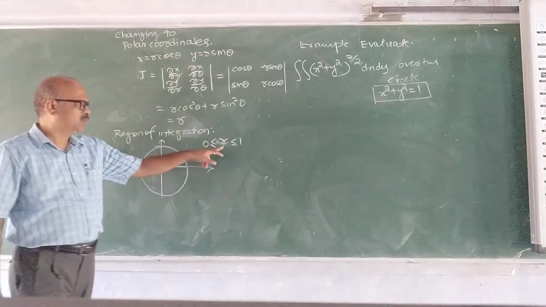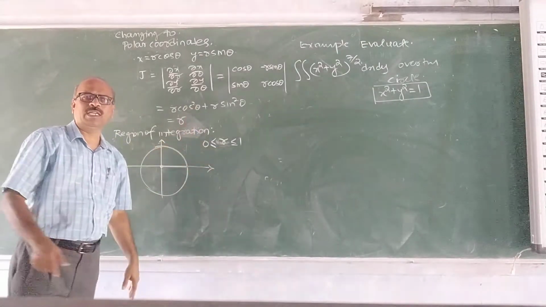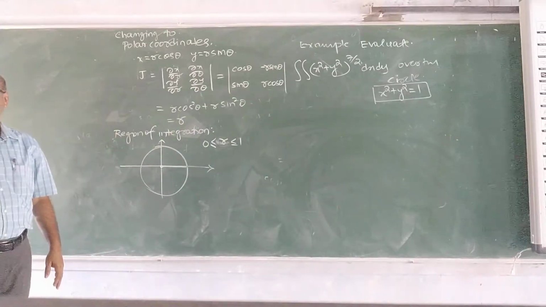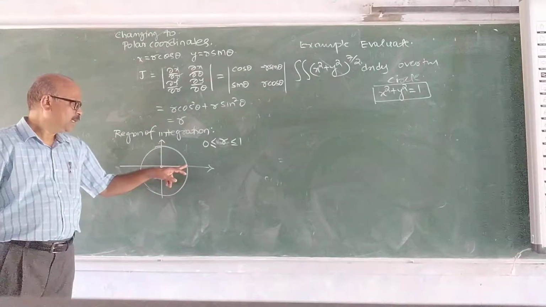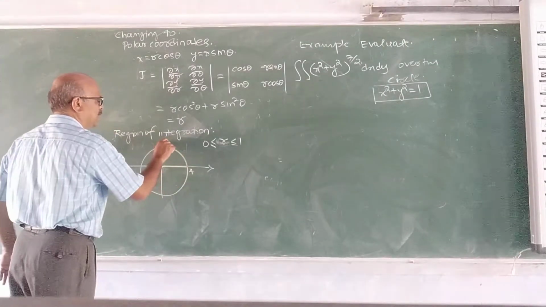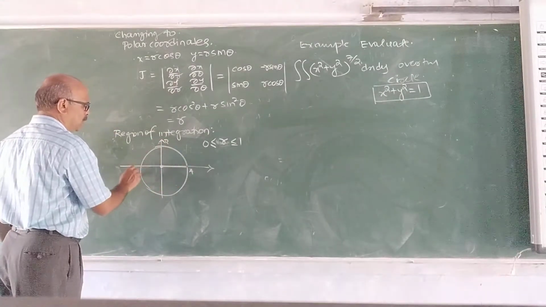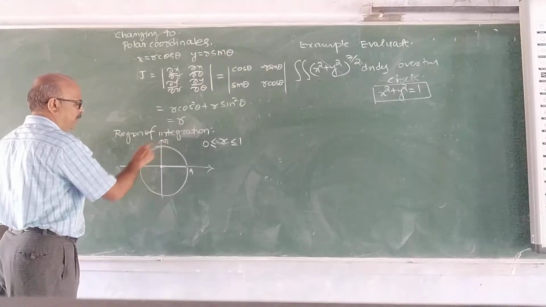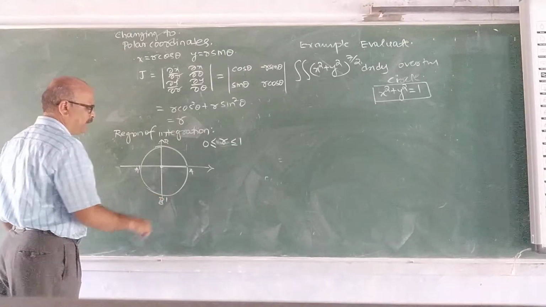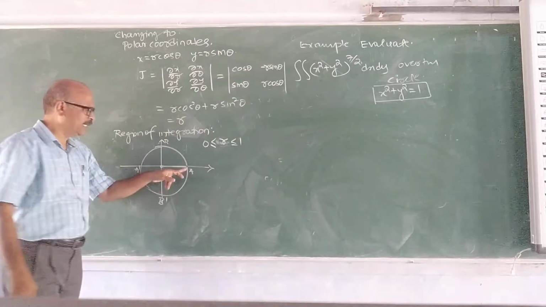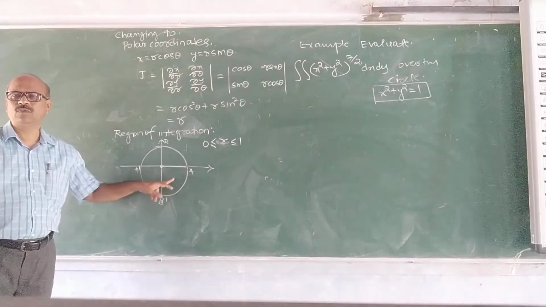When r varies from 0 to 1, how does θ vary? In the entire circle, what is the variation of θ? From A to B, θ varies from 0 to π/2. Next, π/2 to π. And π to 3π/2. Then 3π/2 to 2π.